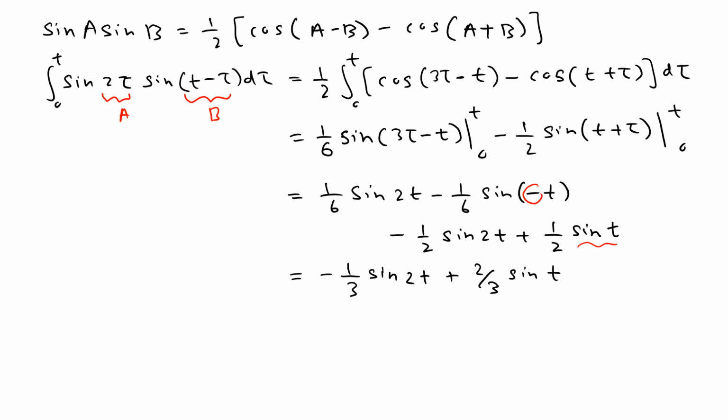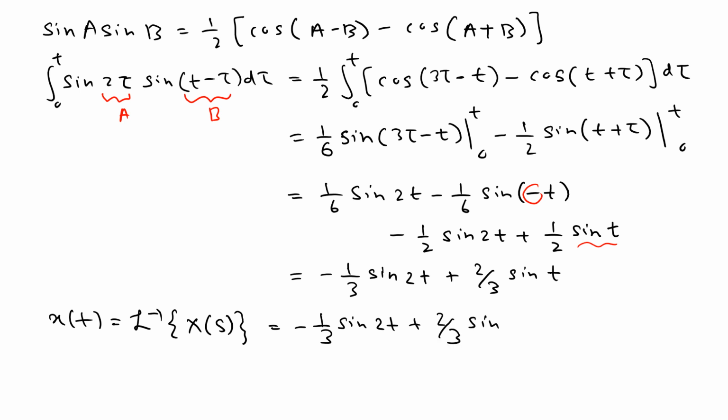That's from that. And now we can write the complete expression x(t). x(t) is simply going to be L inverse of X(s). From these two you get negative 1/3 sine 2t plus 2/3 sine t, and remember there was another term, that term gives you 2/3 sine t.